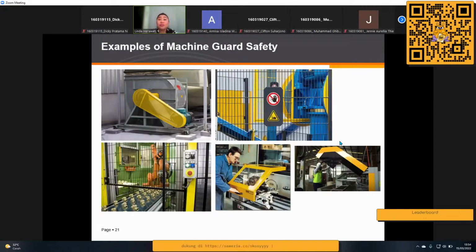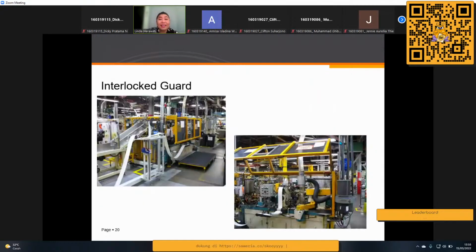You have to check whether it has a machine guard or not. This is the guard that we have to understand so we can be more careful while using or operating all of this machinery. Okay, is there any question until this point?